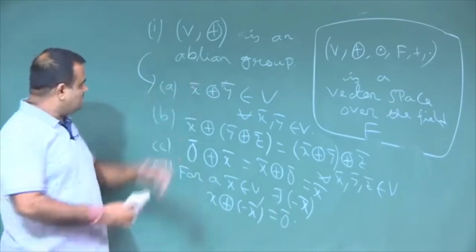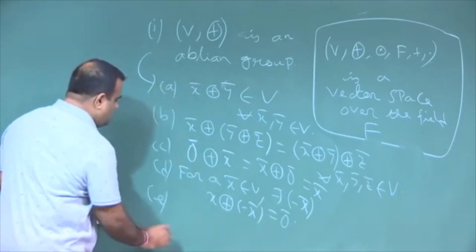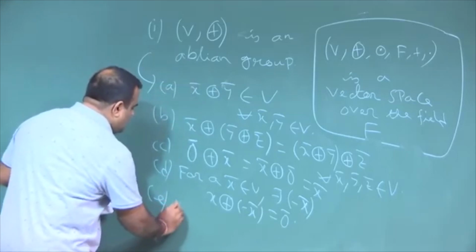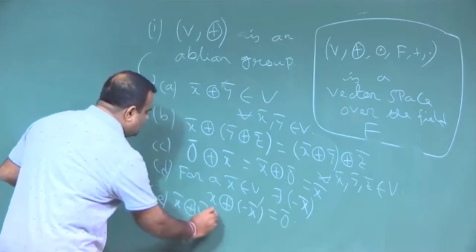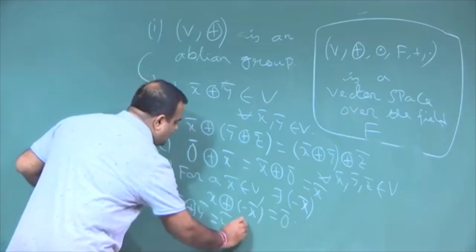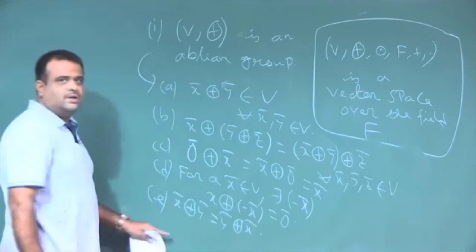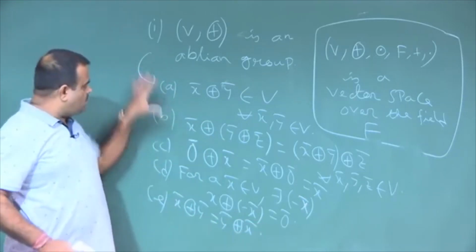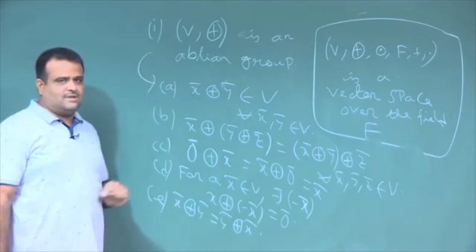And then since it is abelian, we have the commutative property that x y must be equal to y x, and this is true for all x, y. So, if these 3, 4, 5 properties are satisfied, then this is an abelian group.